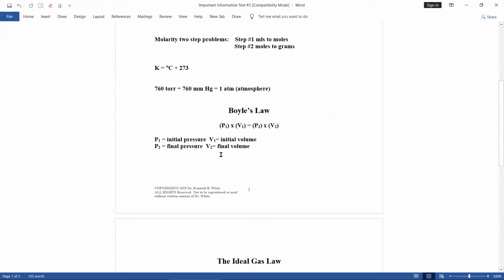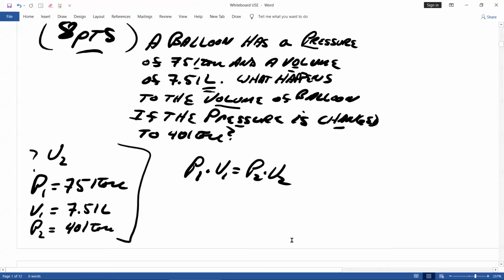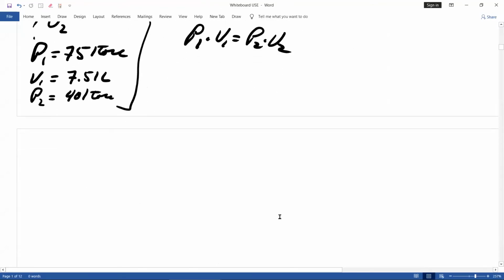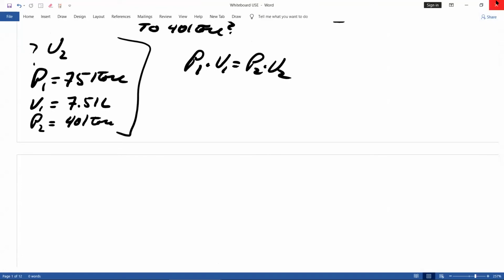And that's what Boyle's law is, like as you see right there. All right, watch closely, because now we're going to do some algebra. What are we trying to solve for? V2.